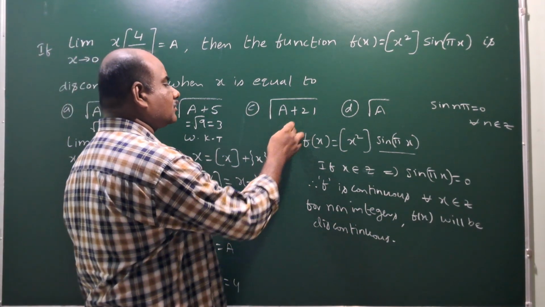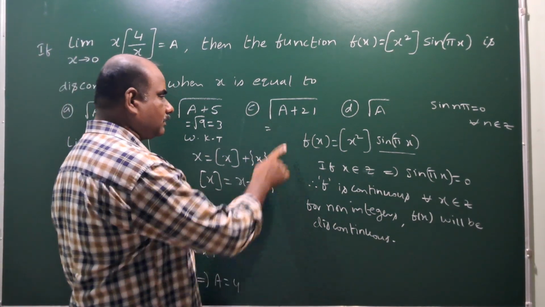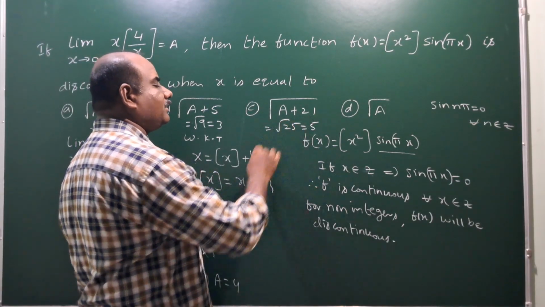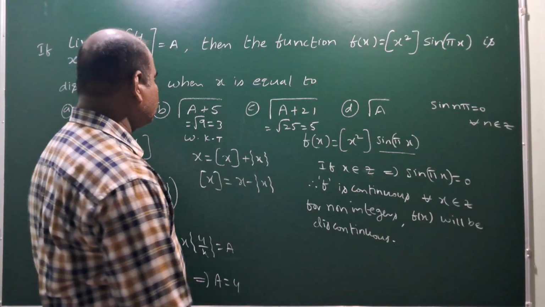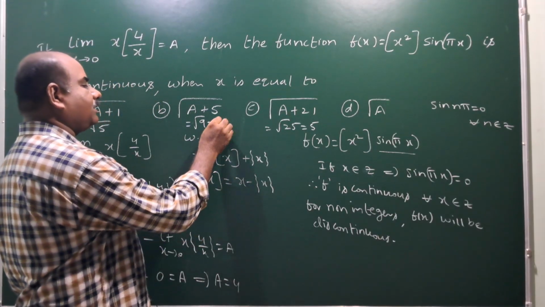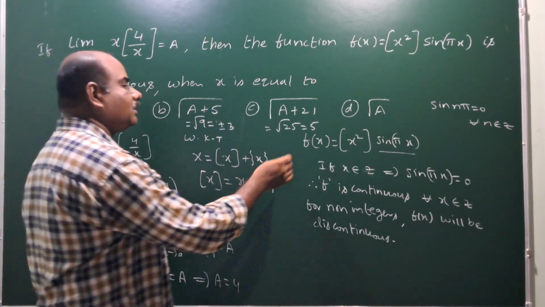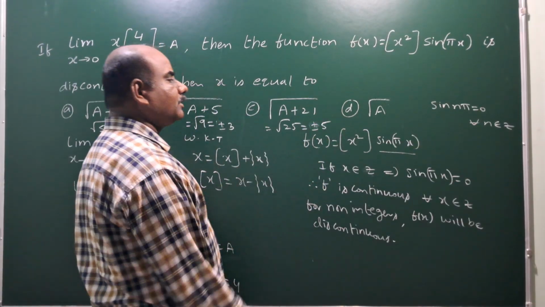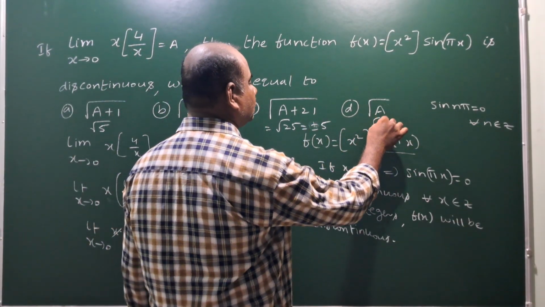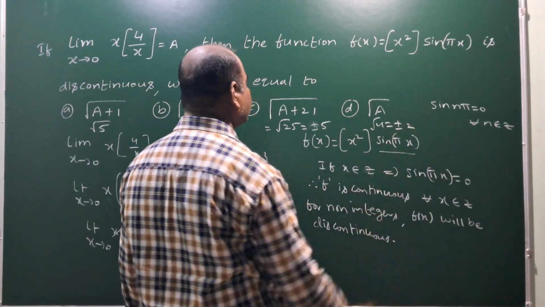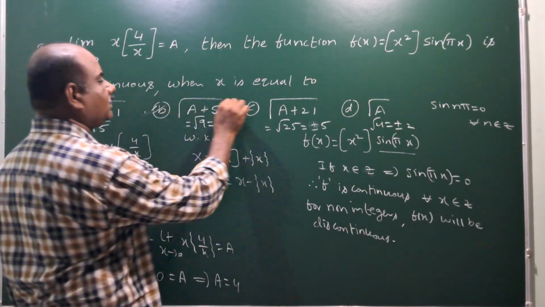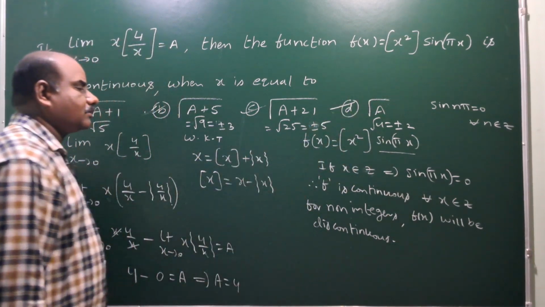Root of a plus 21 means root 25, which is 5, an integer. Root a means root 4, which is 2.